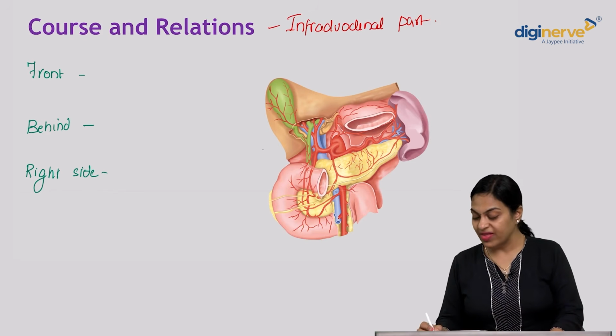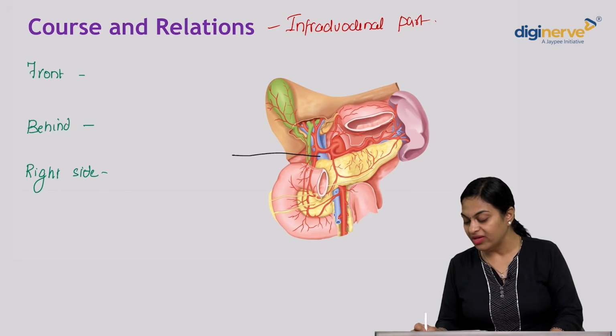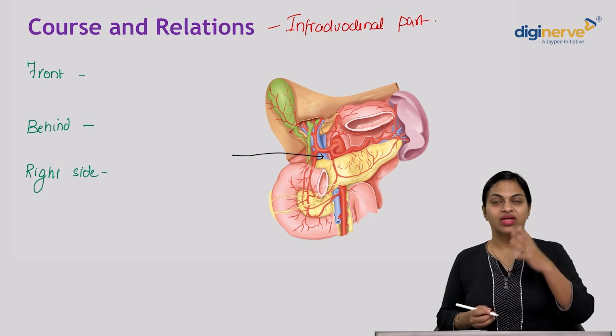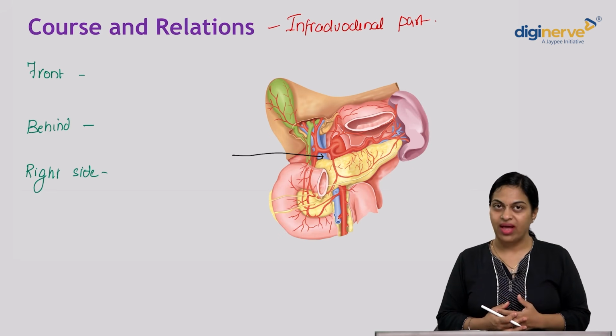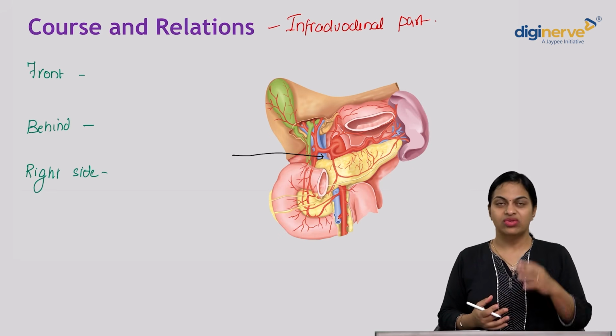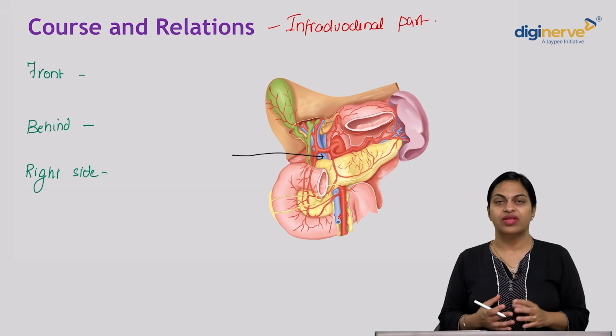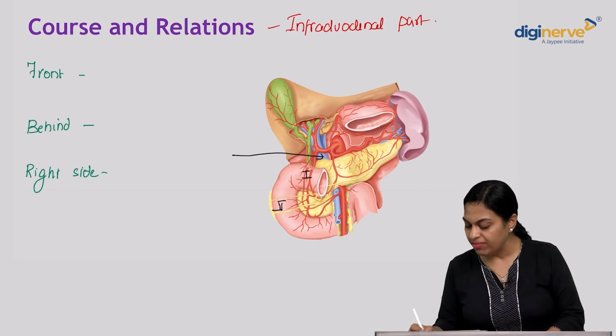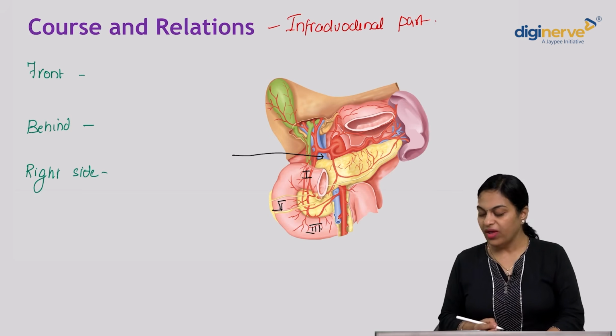So here in this image, come on, let us identify the portal vein. This one here is the portal vein. So we saw that it's formed behind the neck of the pancreas, right? So the first part of the duodenum is an important landmark. This is the first part of the duodenum. This is the second part and third part, right? Okay.